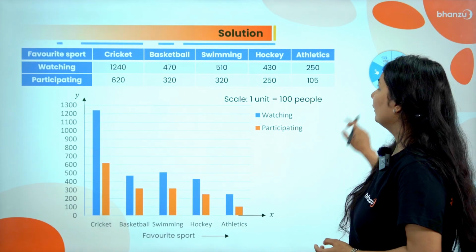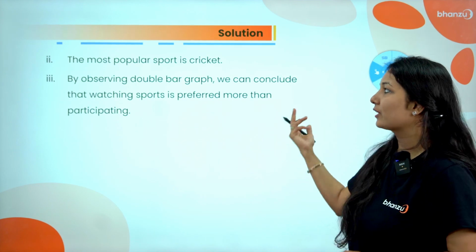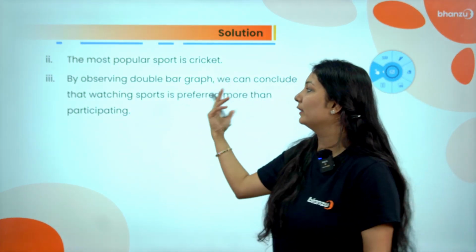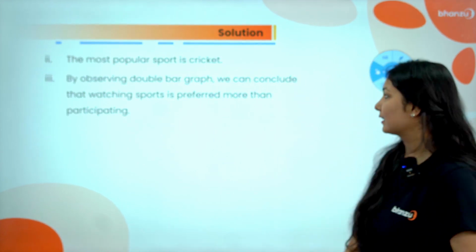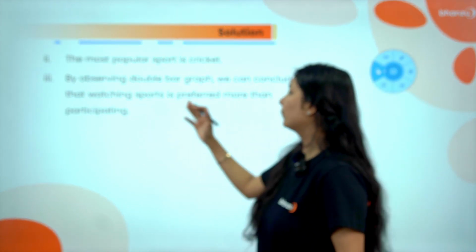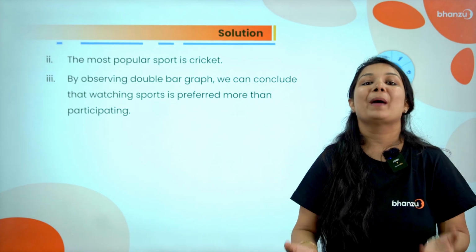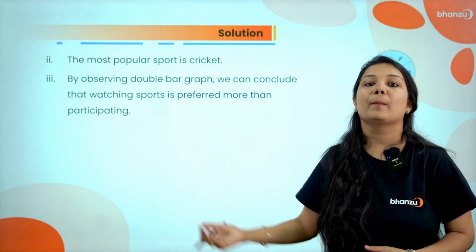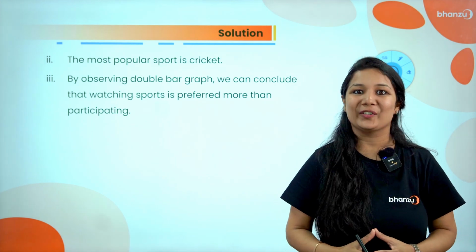Right? So let's move ahead and see the solution. As we discussed, the most popular sport is cricket, and by observing the double bar graph or by the data itself, we can say that watching sports is preferred more than participating in sports, right? So this was all about the last question over here.